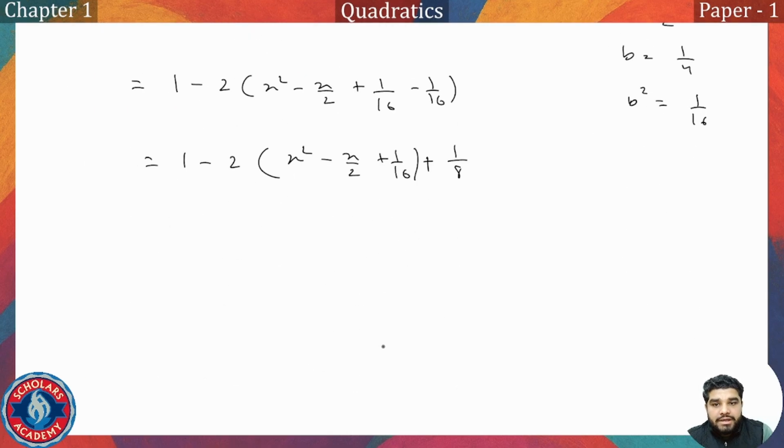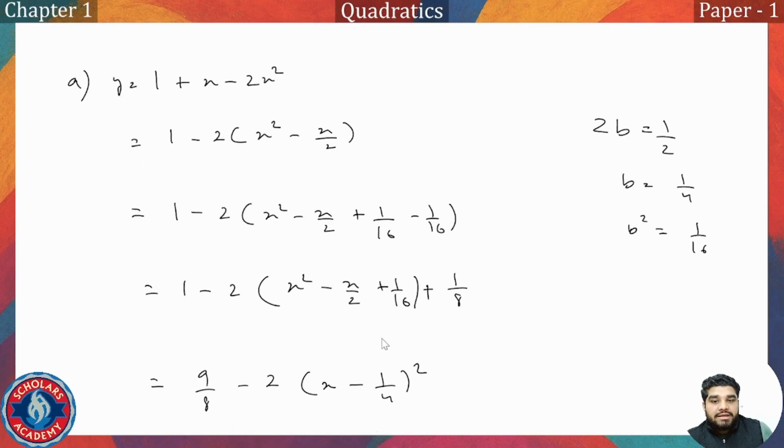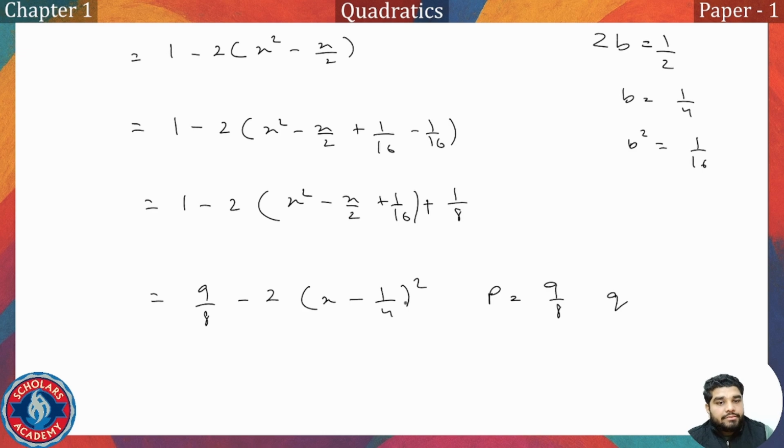Now what we get is 1 over 8 plus 1 is 9 over 8 minus 2 times x minus 1 by 4 whole square. So this is what we are getting. If we compare it, we get p is equal to 9 over 8 and q is equal to 1 over 4.